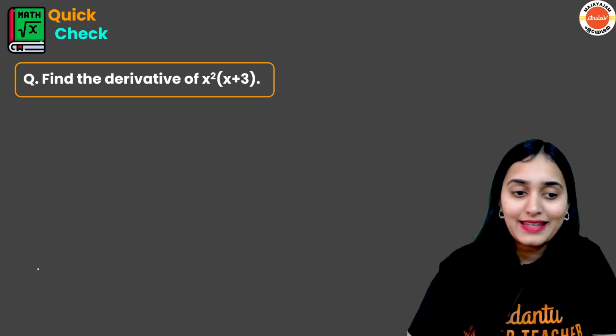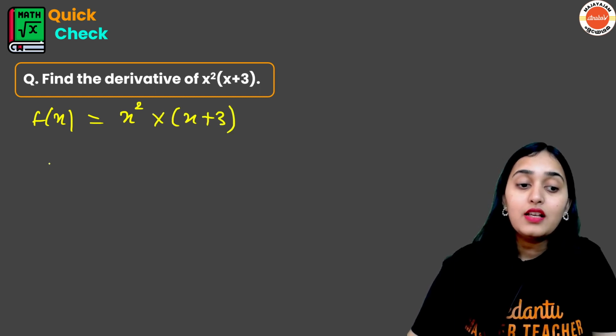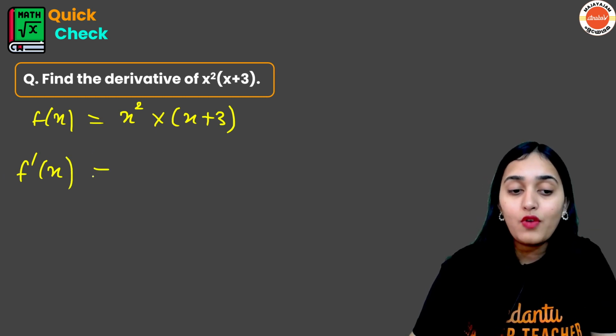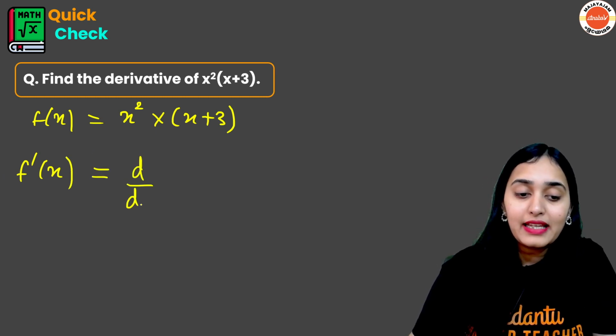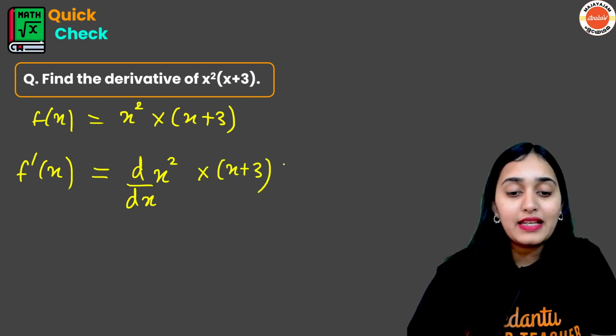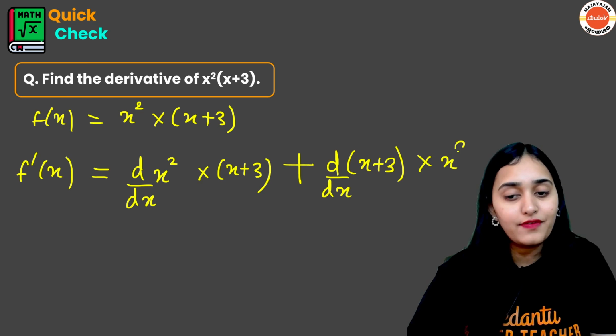Let's do one question. So this is my f(x) is x square into (x plus 3). So f dash of x, if I differentiate it, what will I get? d by dx of x square into (x plus 3). Differentiate this, multiply this, plus. Then differentiate the second function, multiply the first function.